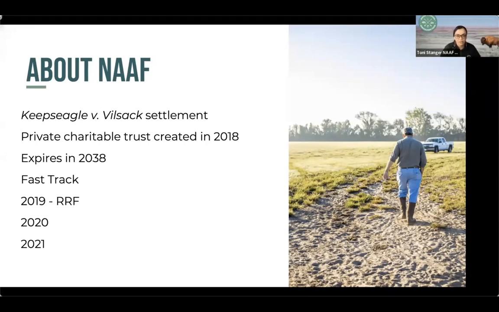The Fast Track grants that went out have all been distributed, and you can read about them and the work that they did and will continue to do with the Fast Track funding on our website. We have had funding cycles in 2019, 2020, and 2021. We're entering our 2022 funding cycle, and NAAF looks forward to returning applications and new applications.